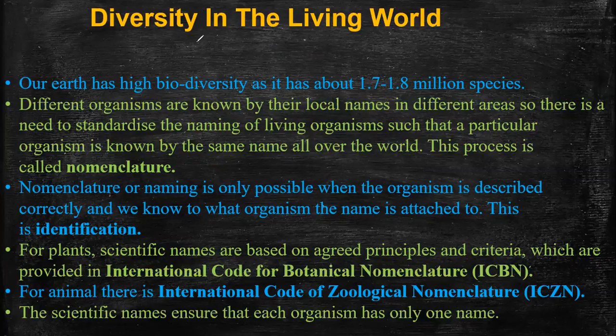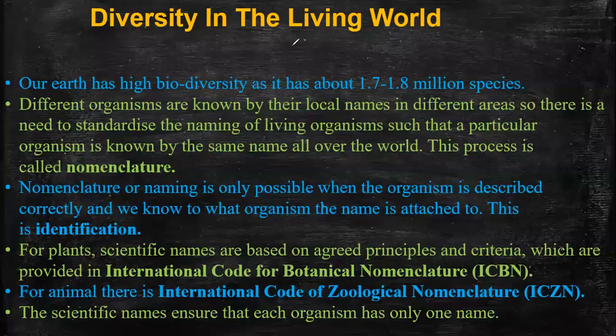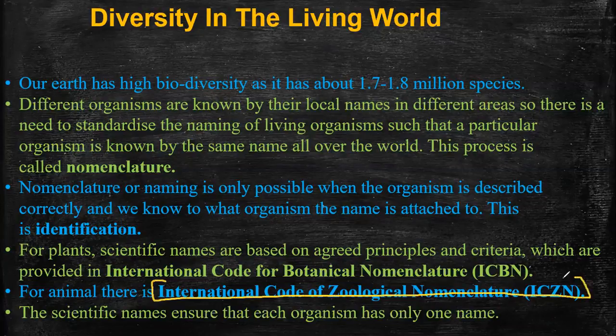Okay, fine. After that, for plants, the scientific names are based on the principles and criteria put forward by the ICBN, the International Code for Botanical Nomenclature. And for animals, it is the International Code for Zoological Nomenclature, ICZN.